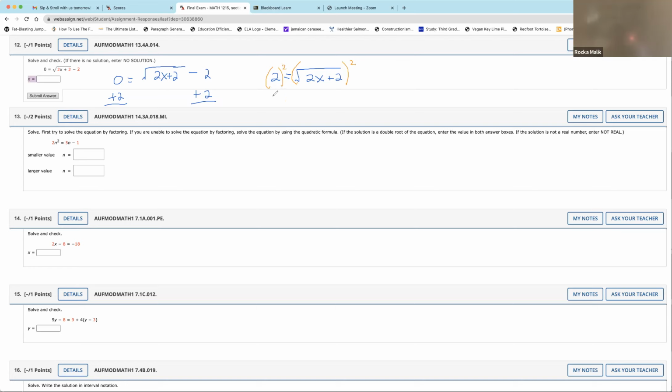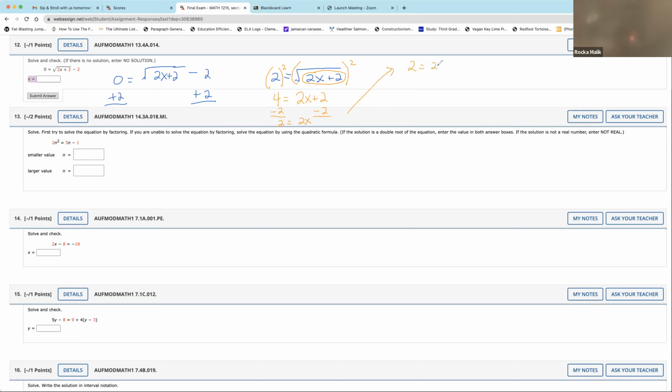And that gives me a 4 on this one, and that frees these people here. So now they're not with the radical anymore, and it's just 2x plus 2. Out in the open, smelling the fresh air. So now it looks like a regular problem. I'll put minus 2 on the other side. 2 equals 2x.